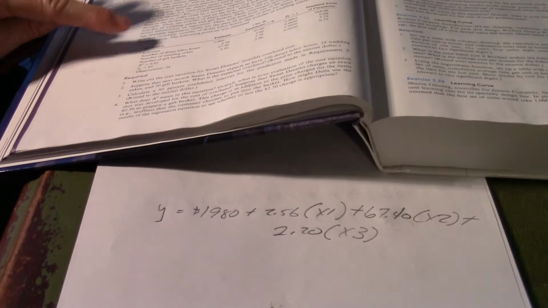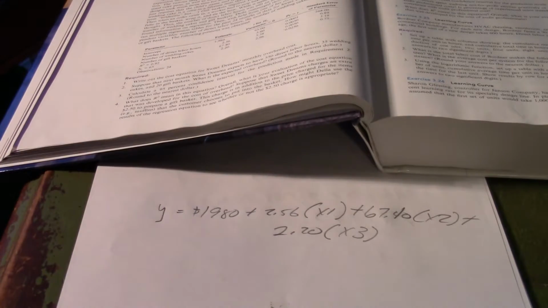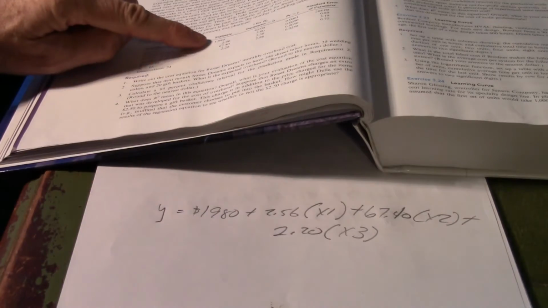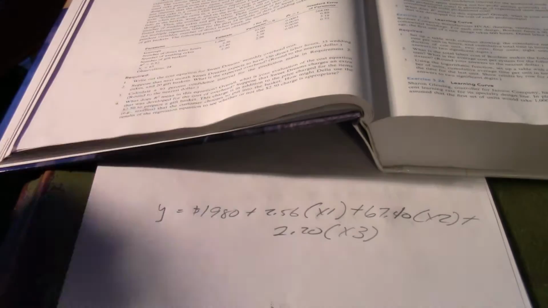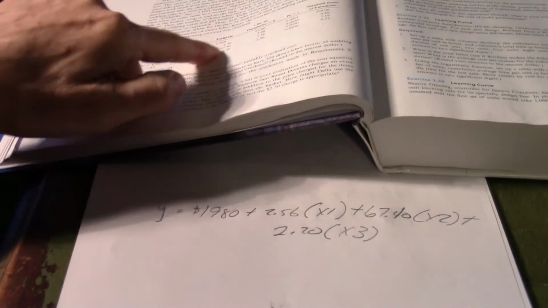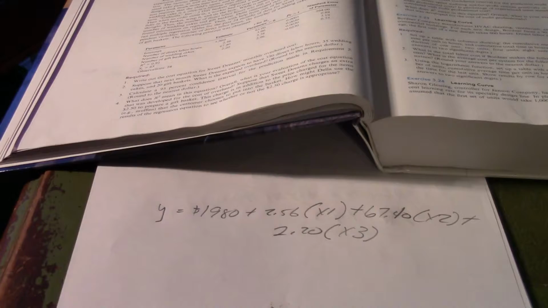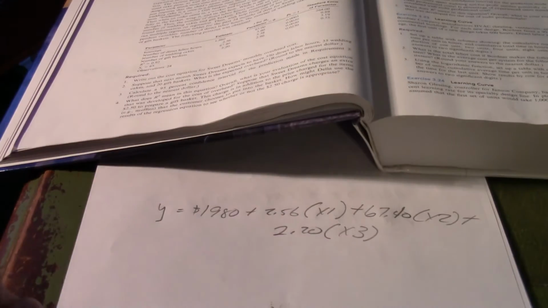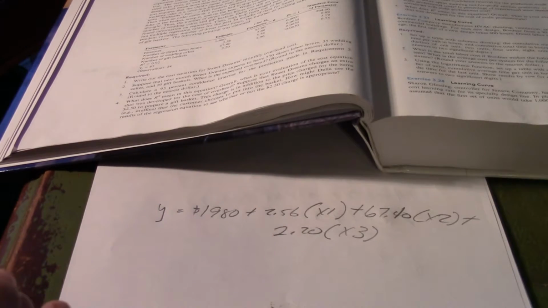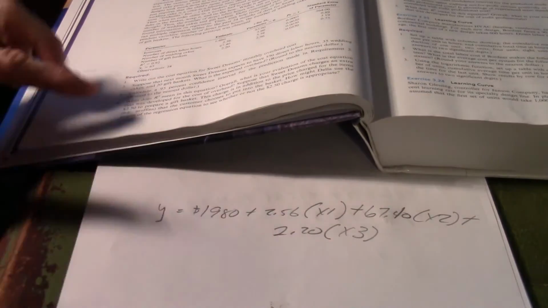So x1, x2, x3, and these are the estimates for the slope. This is the intercept, these are the slopes for these. It did that using a whole bunch of different data points that you entered in the system, and it came out with this output. That is the slope.